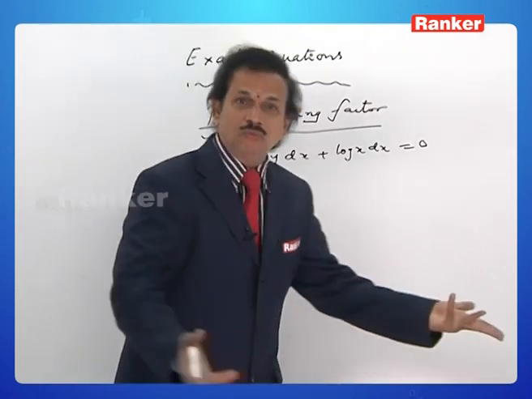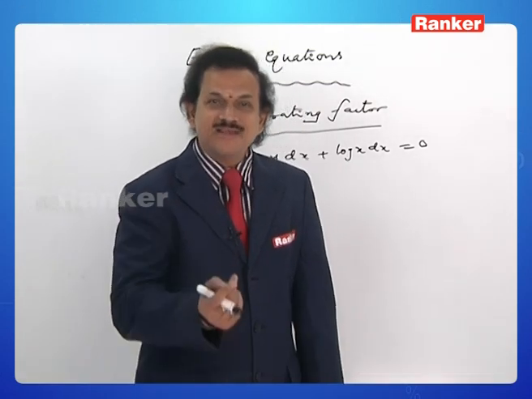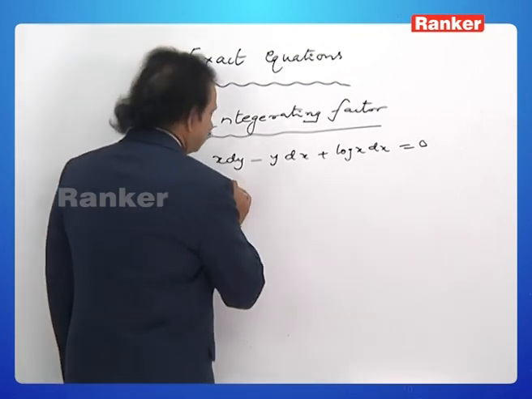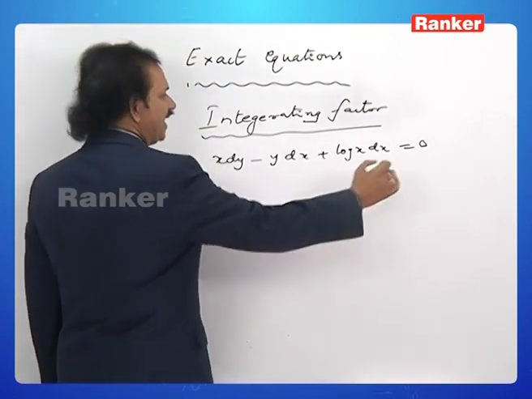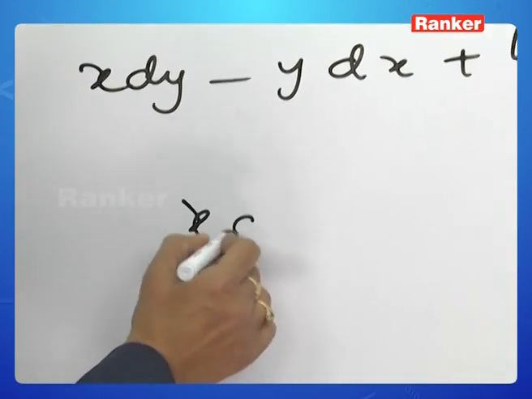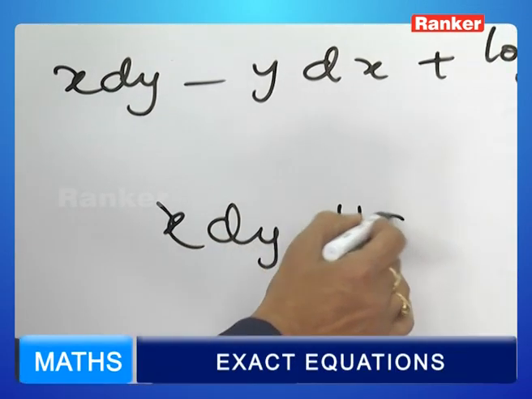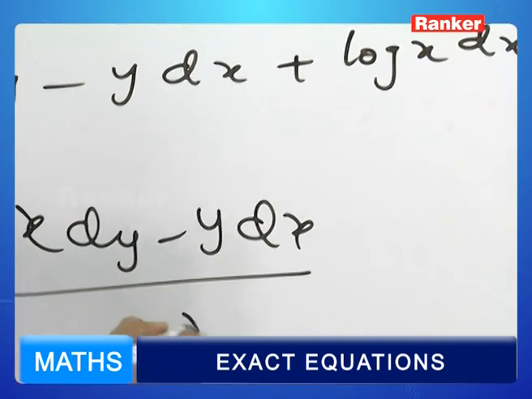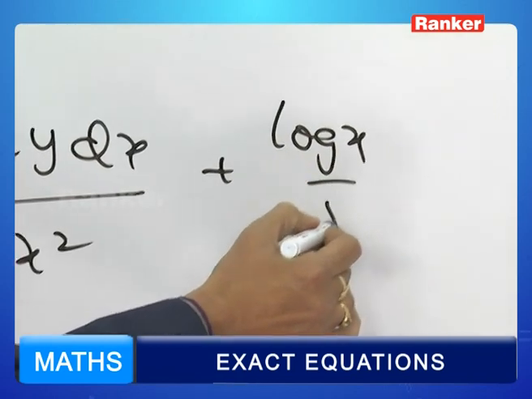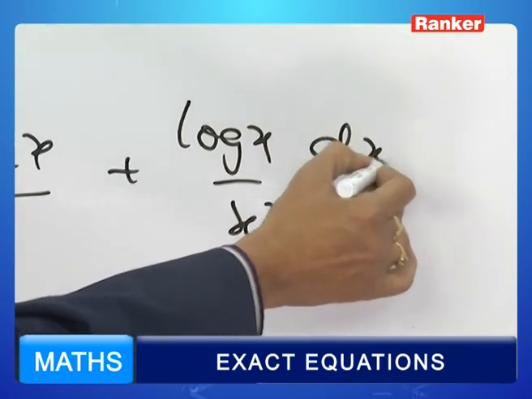Then what should you do? There is a simple trick. Look here. You multiply the entire equation with 1 by x square. What happens? (x dy minus y dx) by x square plus log x by x square dx is equal to 0.